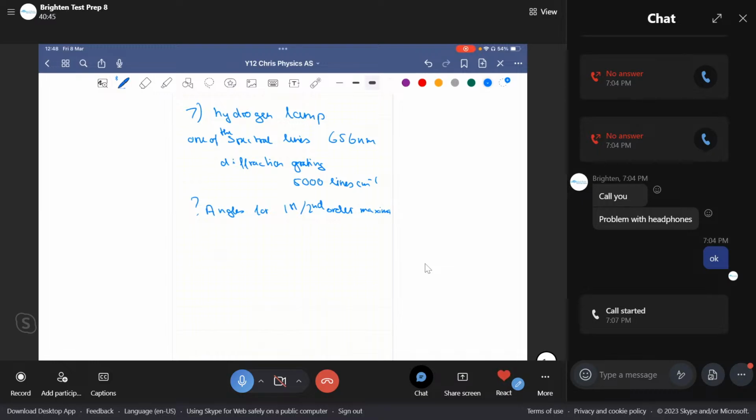I think first calculate the distance between the lines. So, 1 times 10 to the power of negative 2 divided by 5,000.